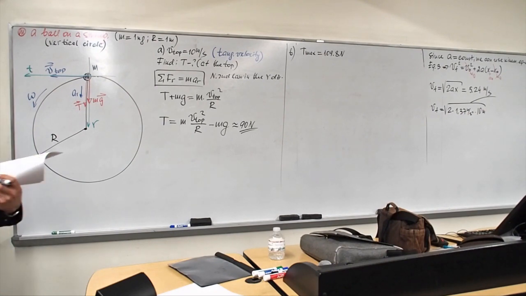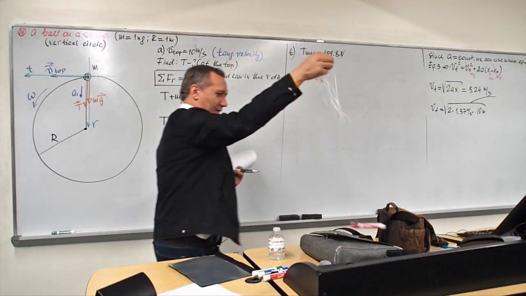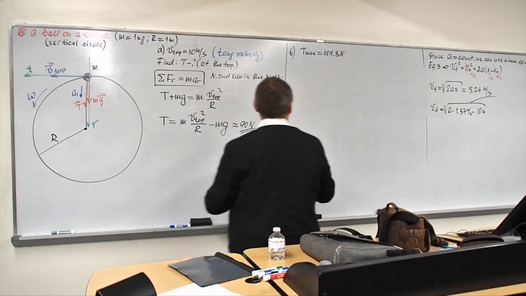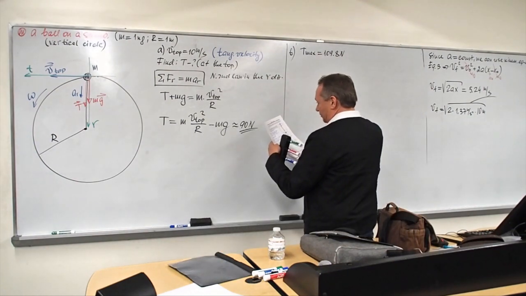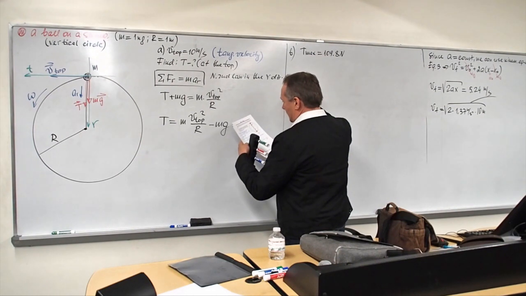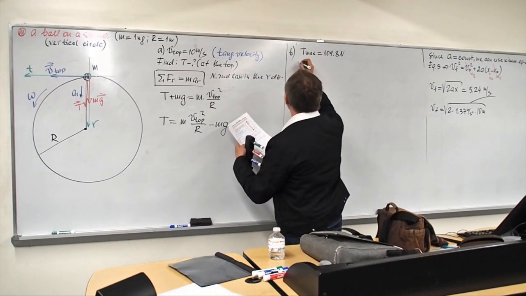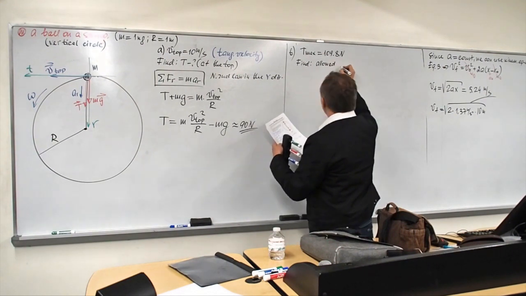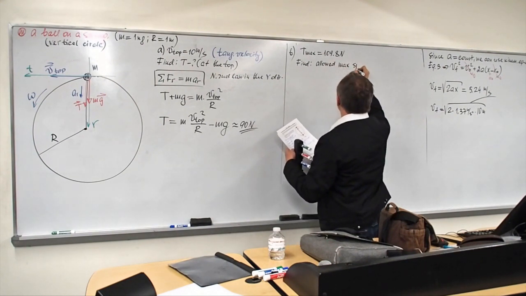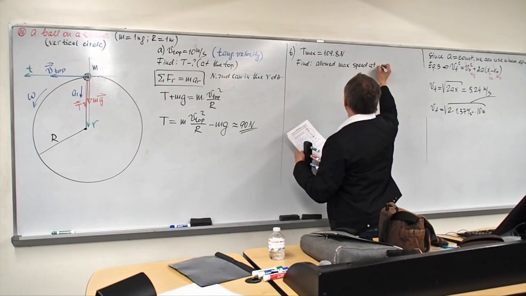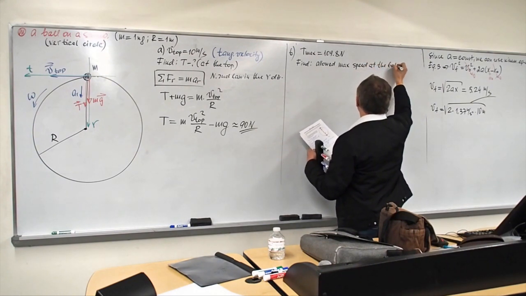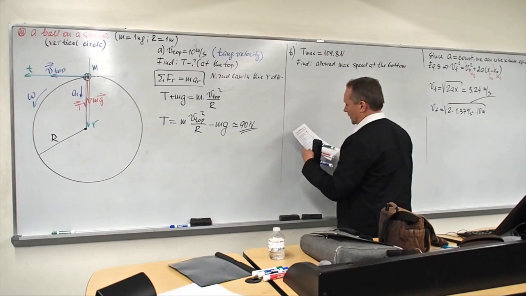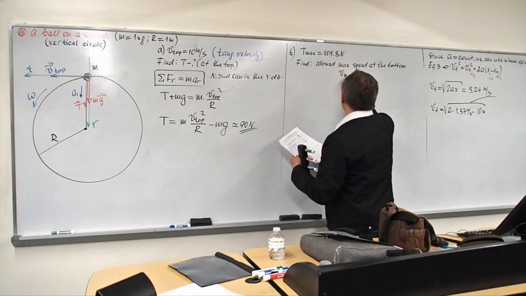At the top, it's the least. So we need to find the allowed maximum speed at the bottom. I will just label it probably Vmax.